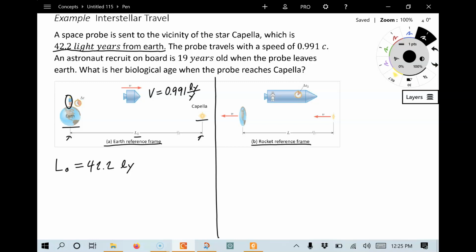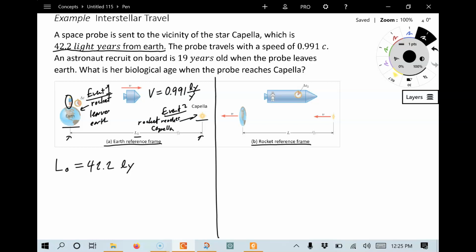So the two events here we're talking about are, the first event, rocket leaves Earth. And event 2 is rocket reaches Capella.